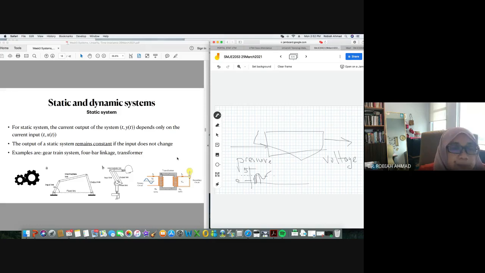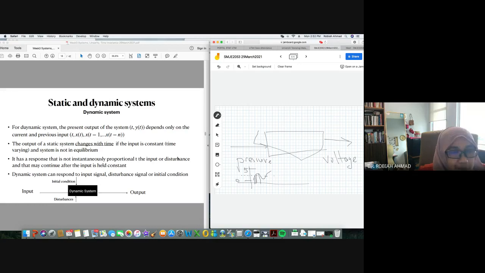Static systems. What about dynamic? Okay, for a dynamic system, the present output depends not only on the current input but also on the previous input. I made a mistake writing this. So for a dynamic system, it is not in equilibrium, meaning it will always be moving.